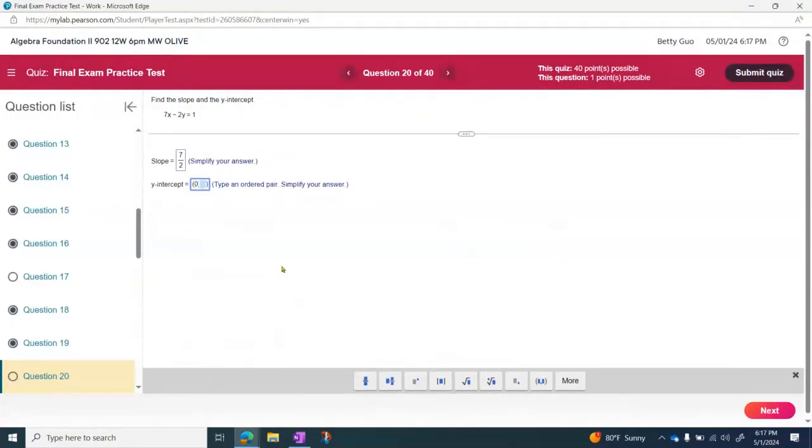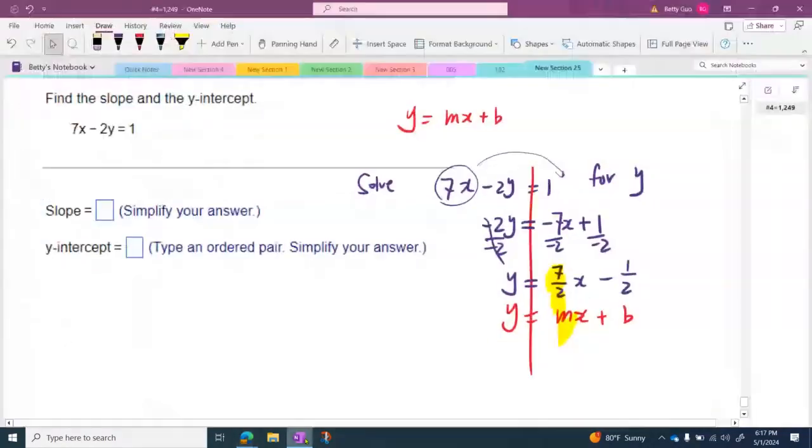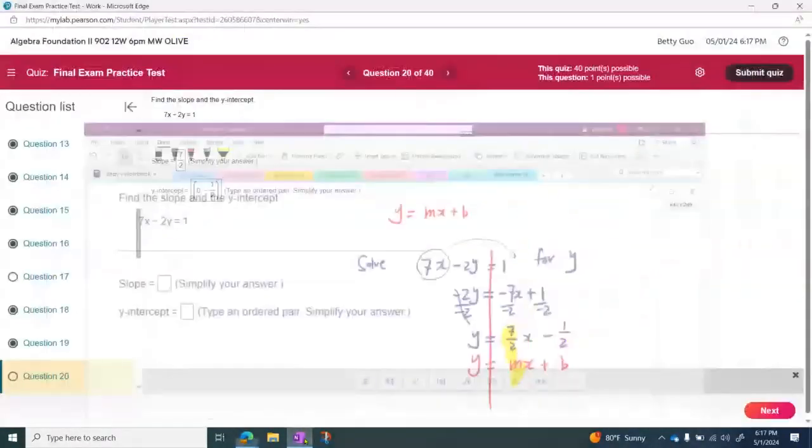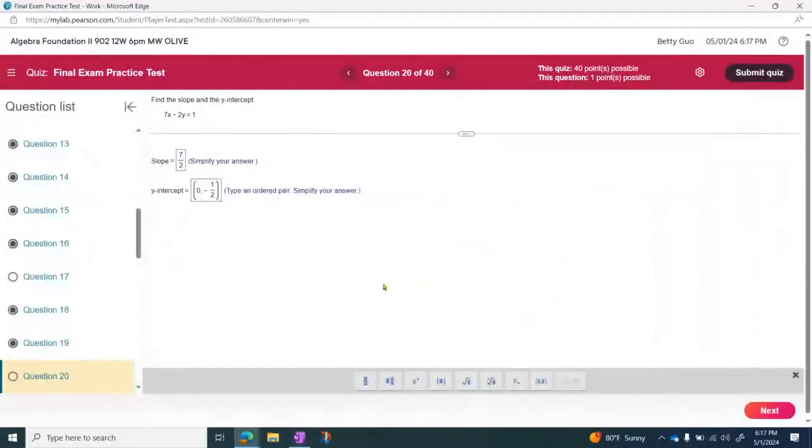So it's going to be 0, -1 over 2. Yeah, that's correct. Make sure always double check your answer. It does worth your time.